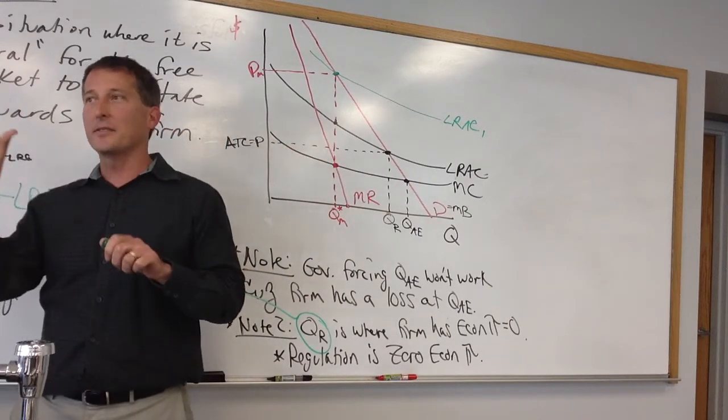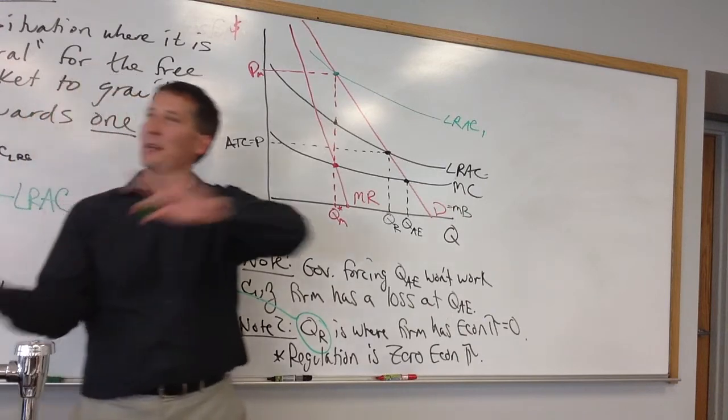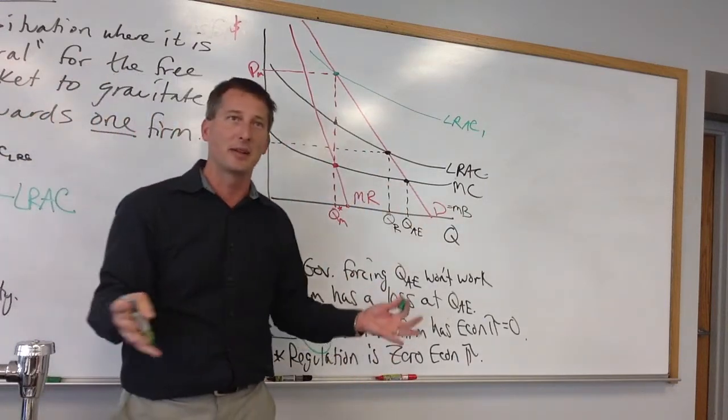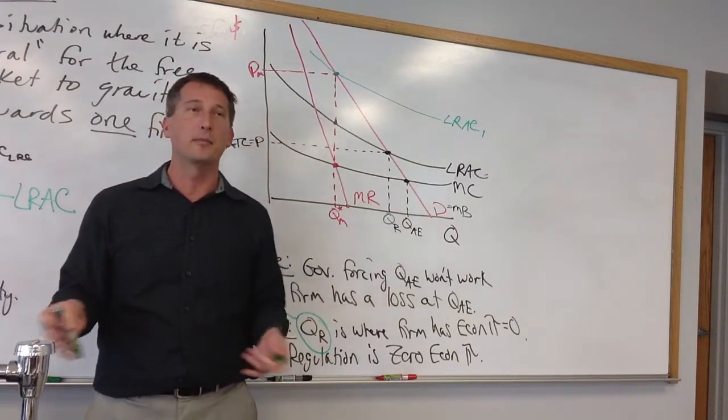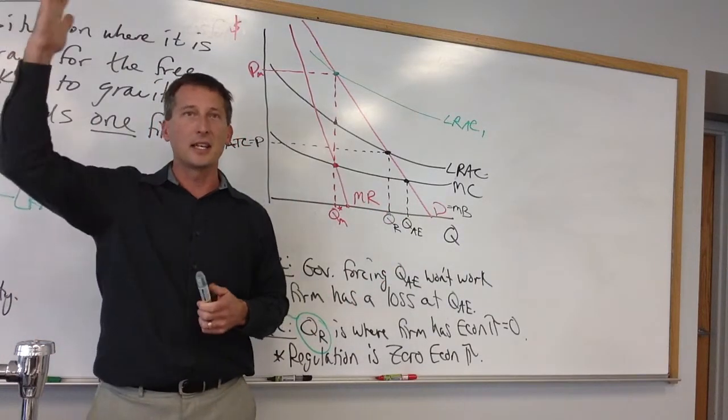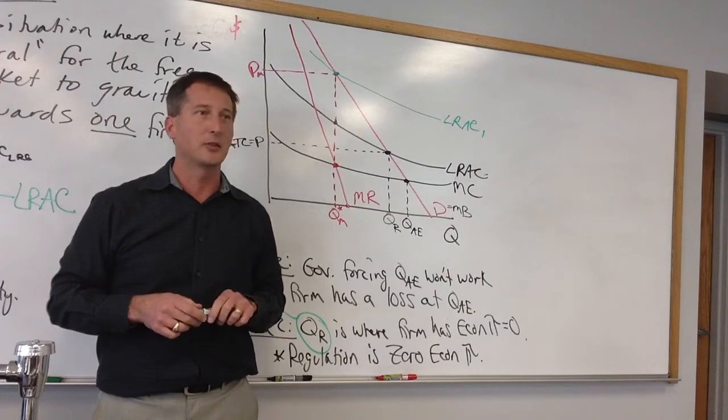So incentives matter. That's one thing I want you to come away from this class with: what are the incentives in place? Sometimes government policy, or other policies for that matter, can be policies that the CEO dreamt up or the president of the university dreamt up.